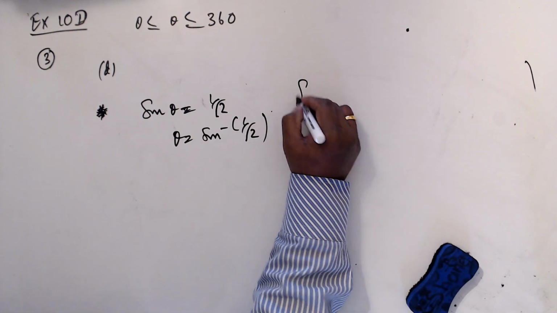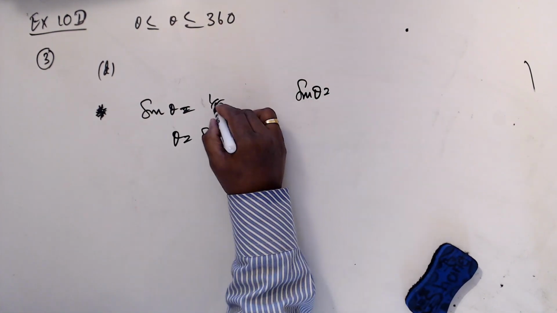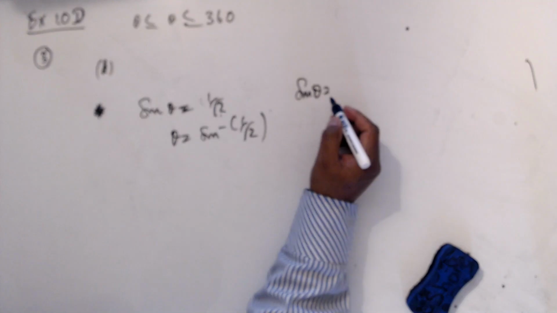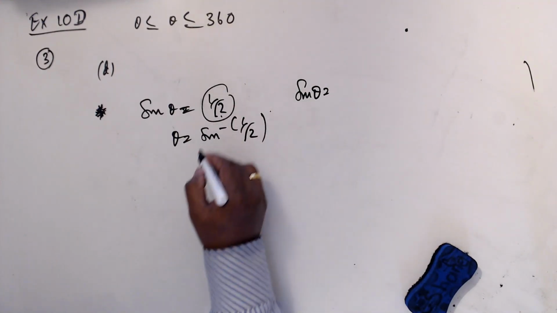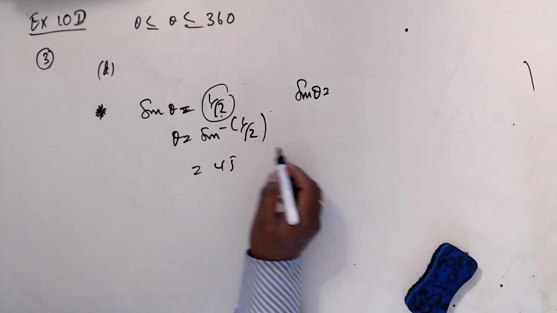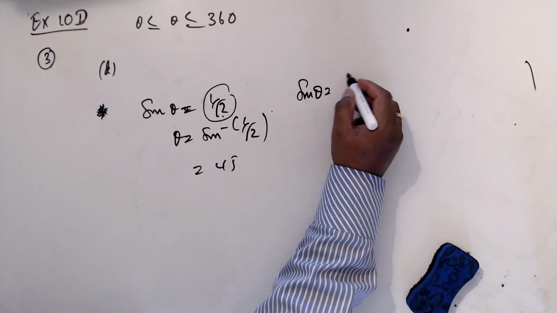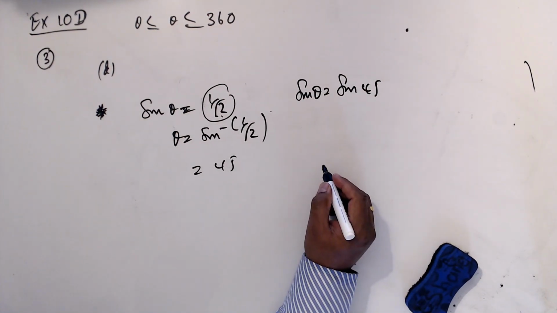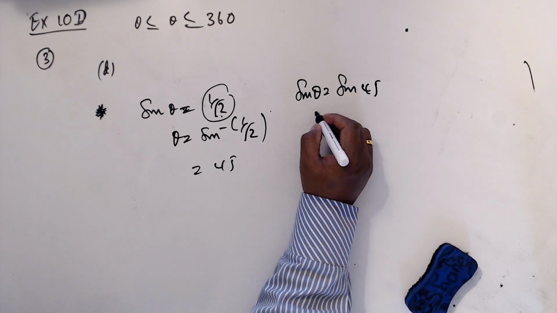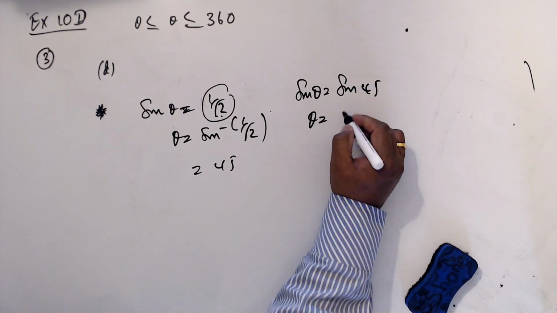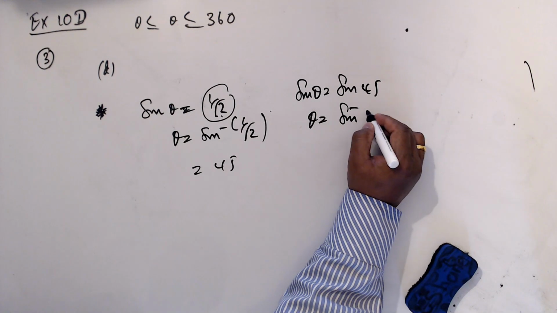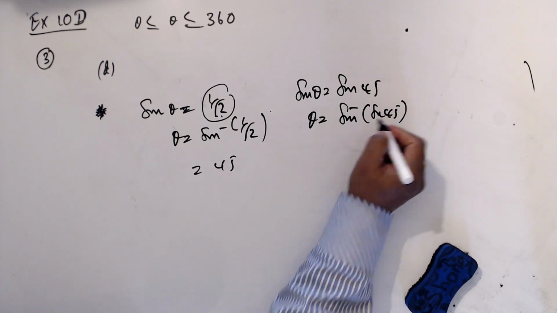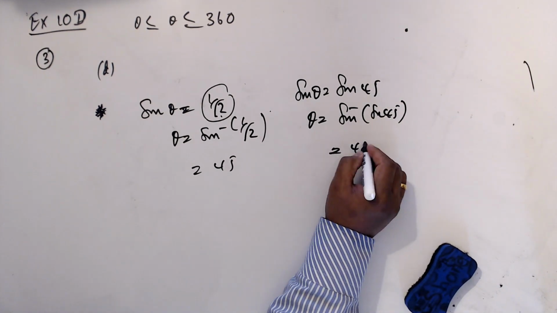What will happen? Sine theta equal 1 over square root 2 means sine 45. The answer is 45. Instead of giving this one, you make it sine 45. Then you can write theta equal sine inverse sine 45, which is 45 again.